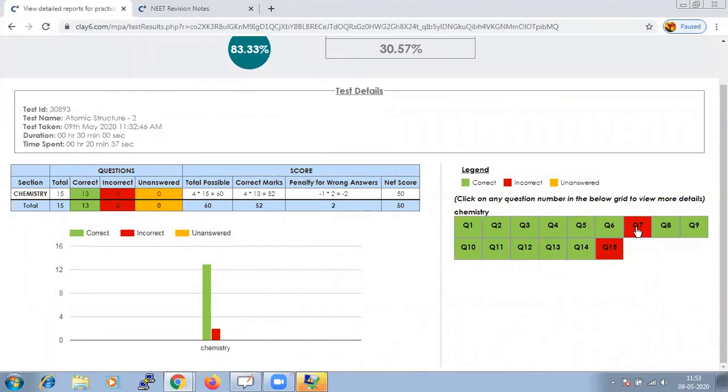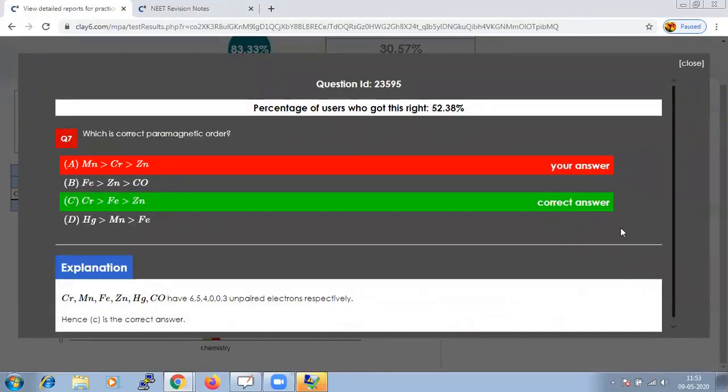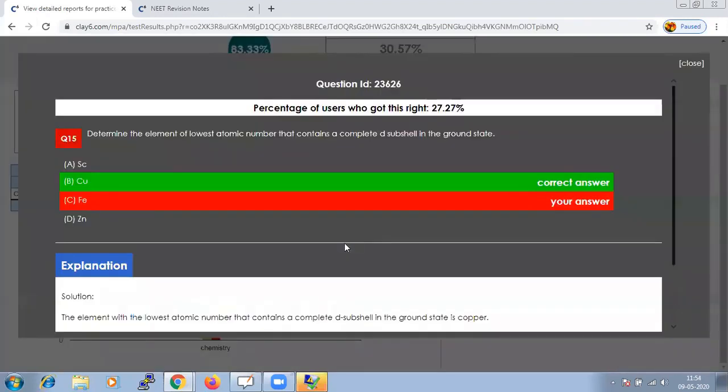If you go to the question which we have marked as incorrect, that will help you find out what should have been the right answer.